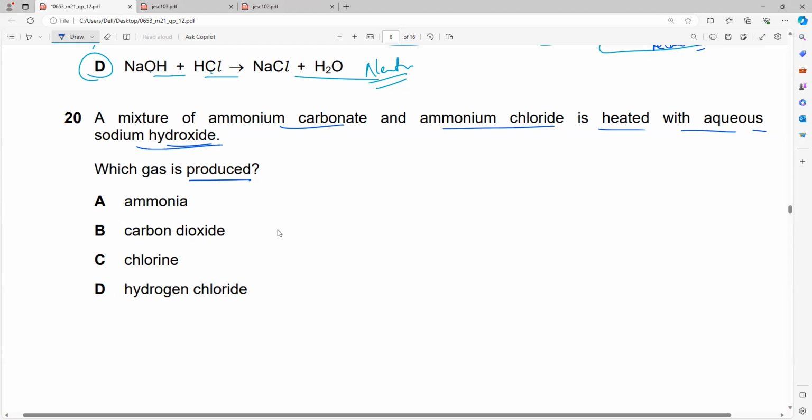A mixture of ammonium carbonate and ammonium chloride. Which gas? By reading itself, we can say.